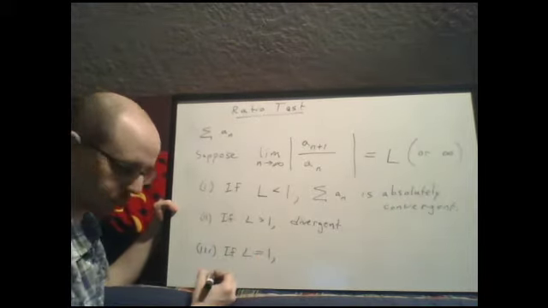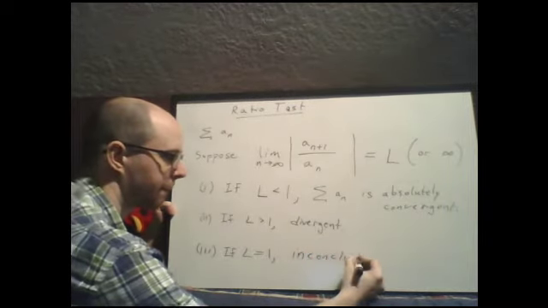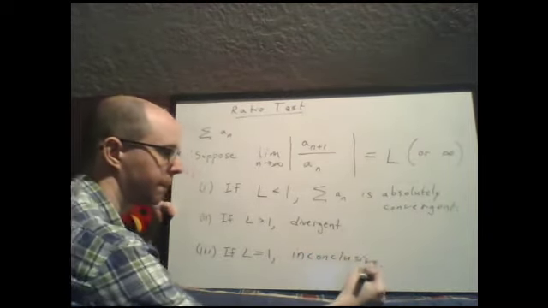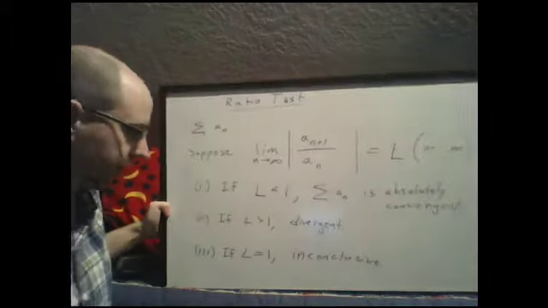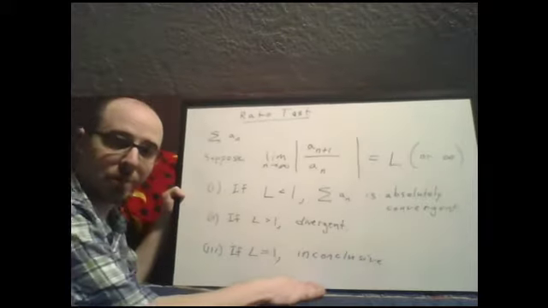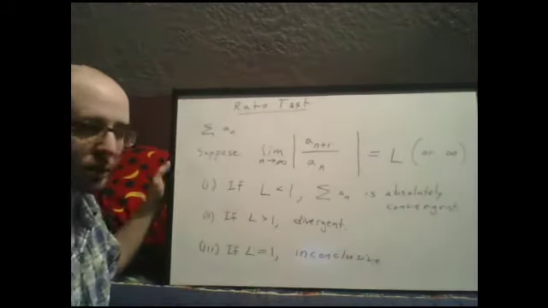So if L equals 1, in that case, we get inconclusive. Okay. And if it's inconclusive, then I'd have to use some different method to try to answer the question for the given series.